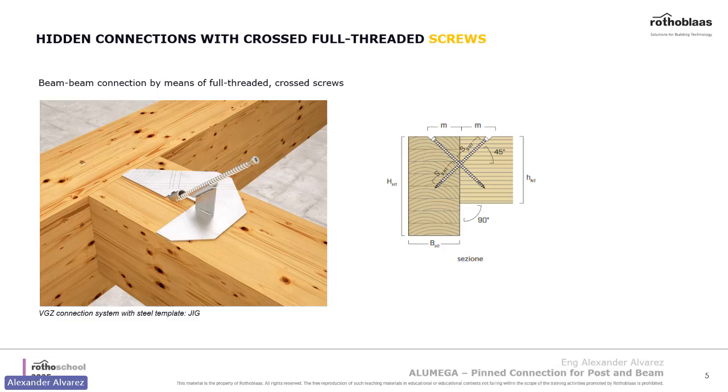If you have a look at our technical data sheet for our VGZ and VGS, you can see that a couple of these VGZ screws can handle up to 1,000 pounds of shear, due to not only the strength and material properties of the screws, but also the withdrawal capacity.